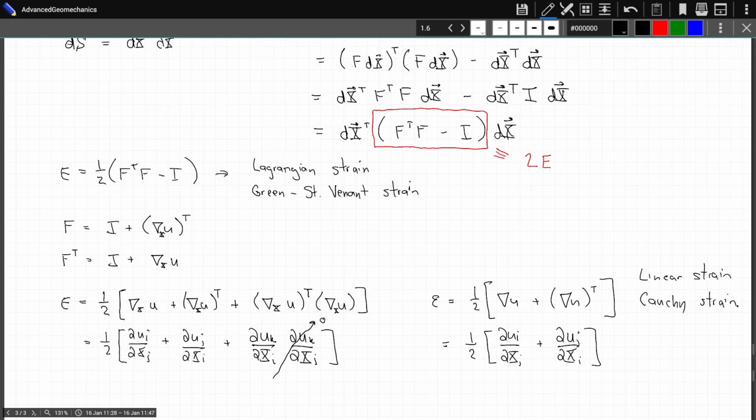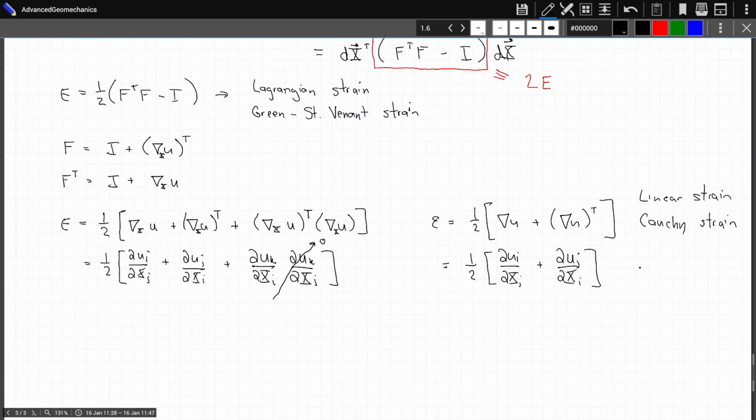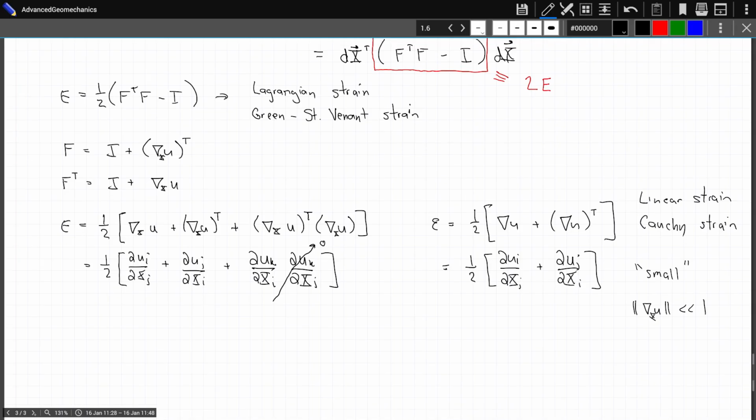Okay, so then what's small? Small is whenever the magnitude of the gradient of u is much, much less than 1, right? One definition of the magnitude of a second order tensor A would be the tensor contraction A_ij A_ij.